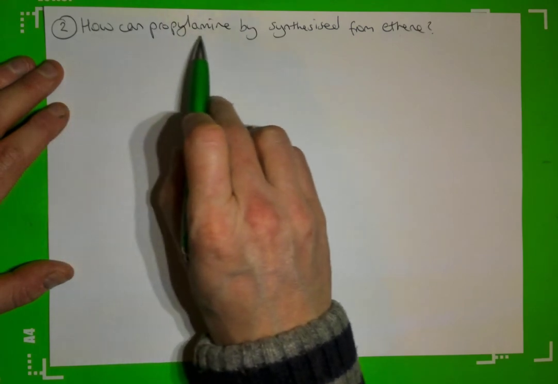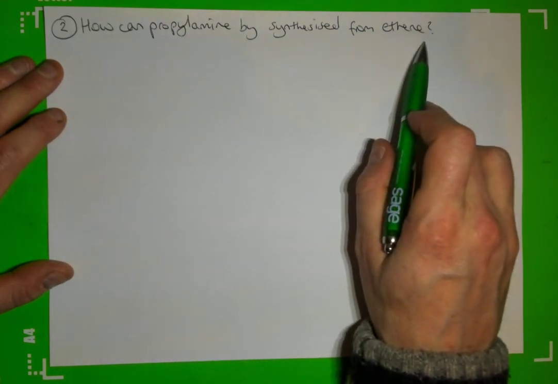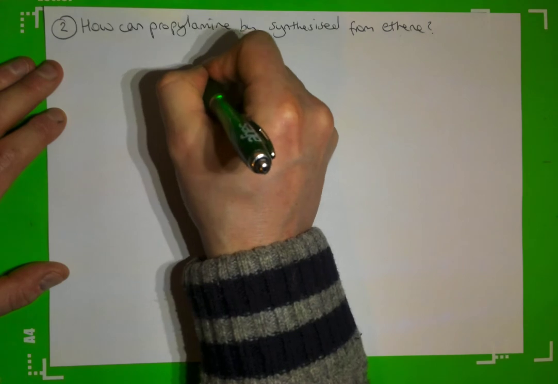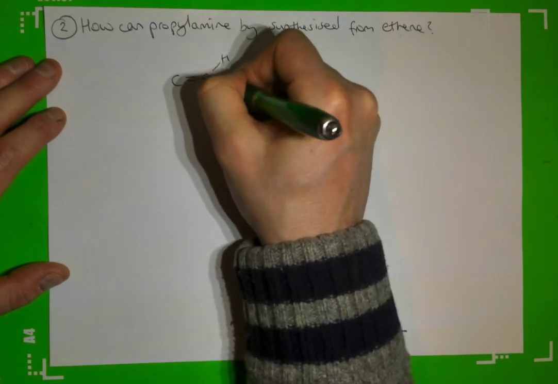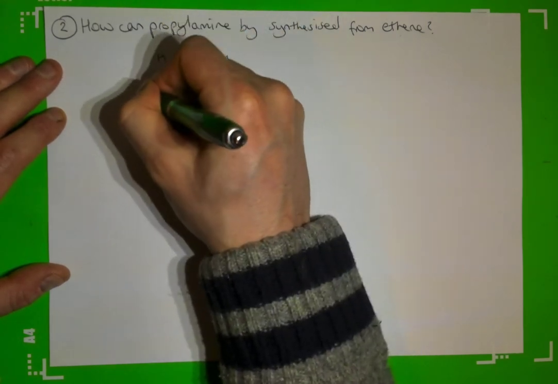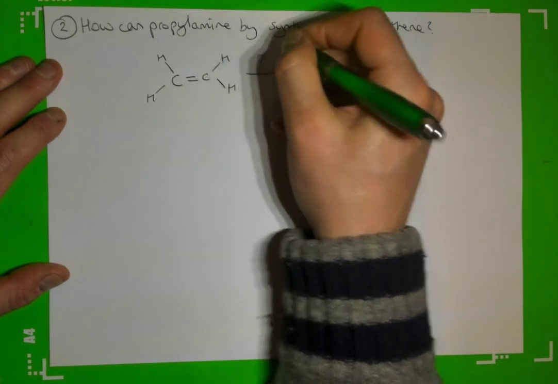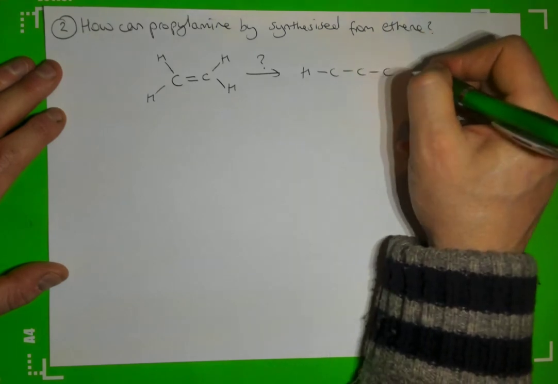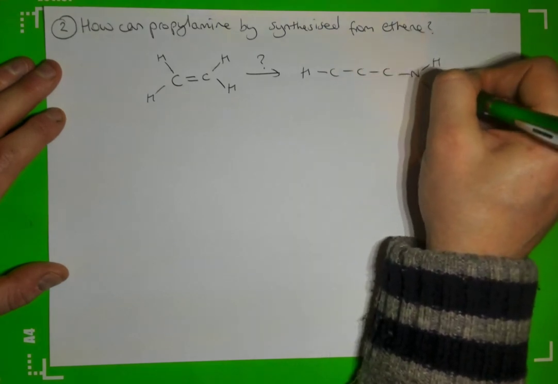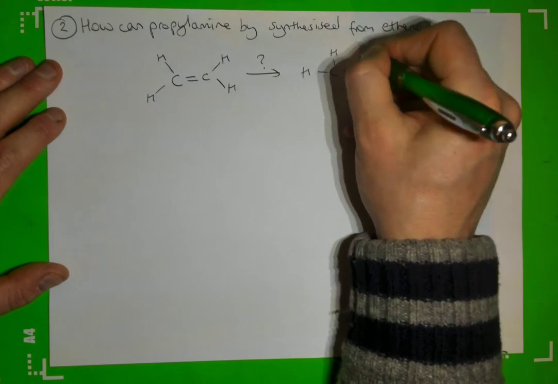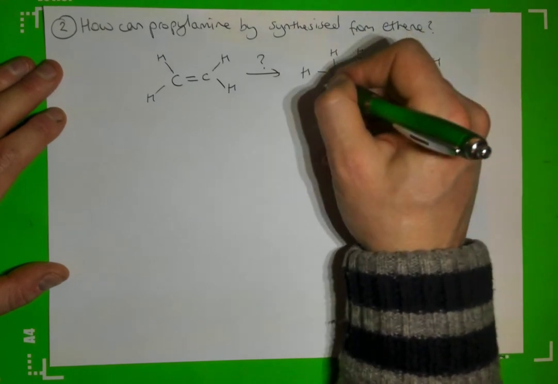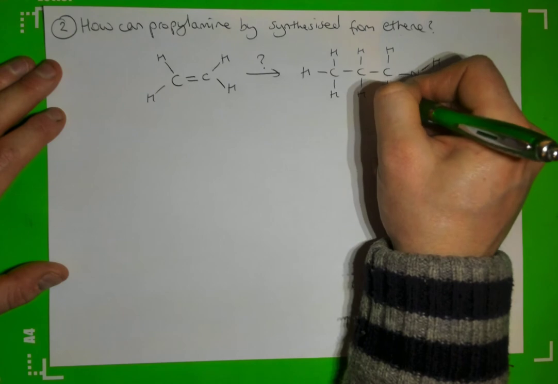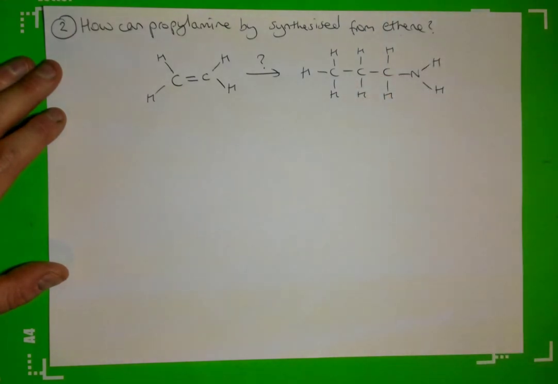So how can propylamine be synthesized from ethene? The first thing to note here is that propylamine has one more carbon than ethene.